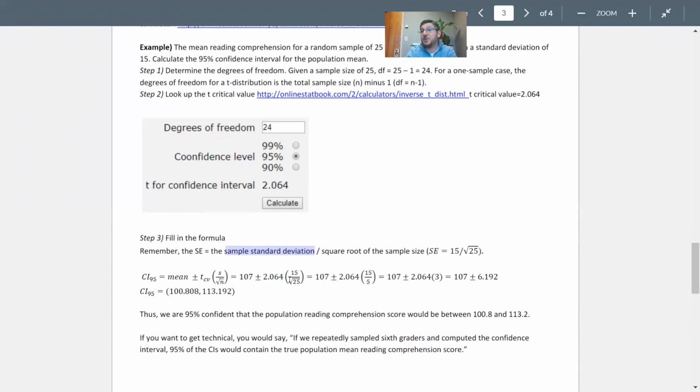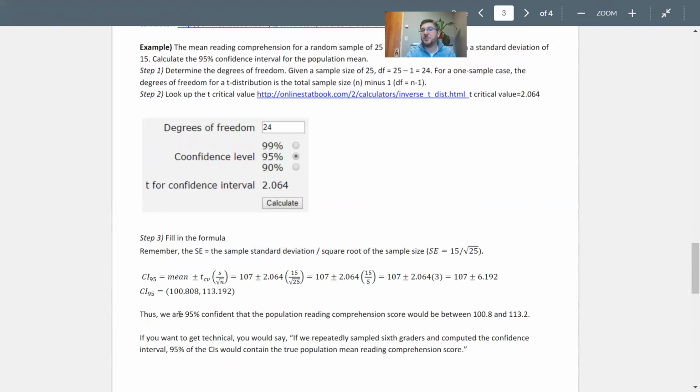Once we have all these pieces, we plug into the formula. We have our sample mean, 107, plus or minus our critical value from our calculator, times our standard error, which is our sample standard deviation, 15, divided by the square root of the sample size, 25.